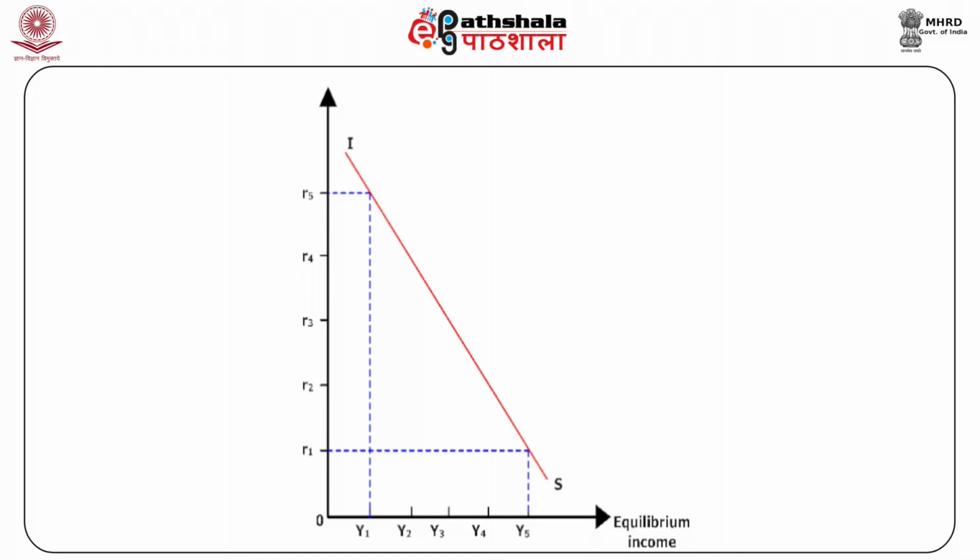At a high rate of interest like R5, we consider what is happening in the capital market. In the capital market, we have a negatively sloped investment function. According to it, the volume of investment would be low, because at a high rate of interest, the volume of investment could be something like I1.